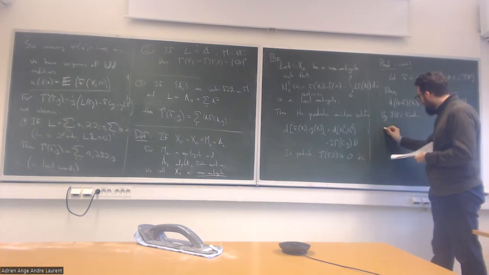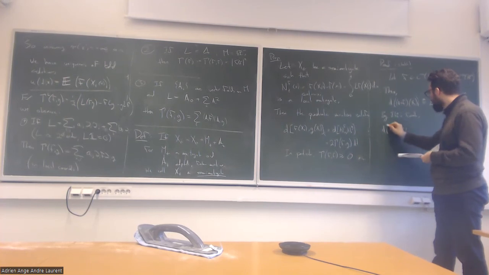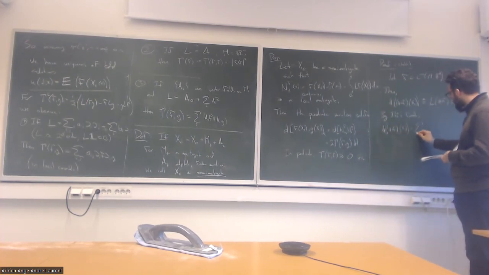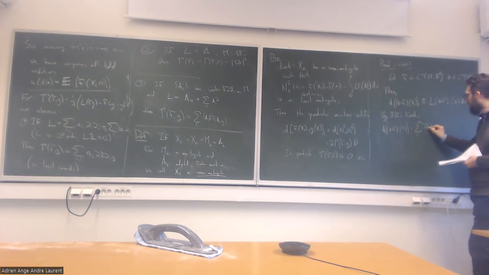Then what we actually have is that d phi of f is equal to the sum over i to n of d_i phi, where I'm denoting partial derivatives by d_i, applied to f of X.